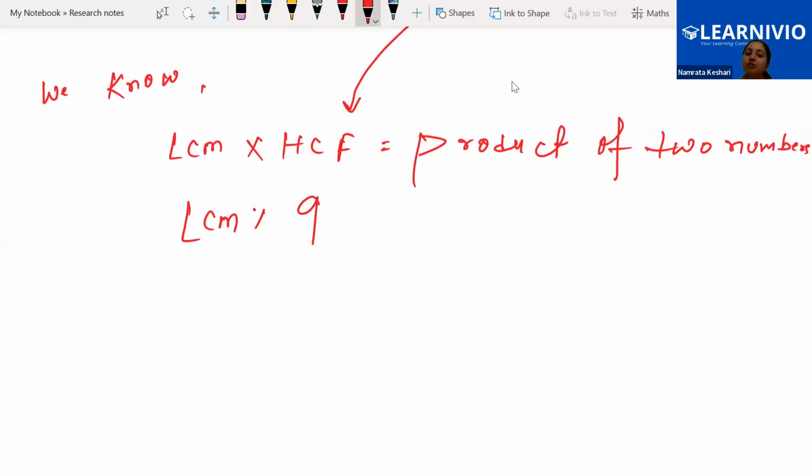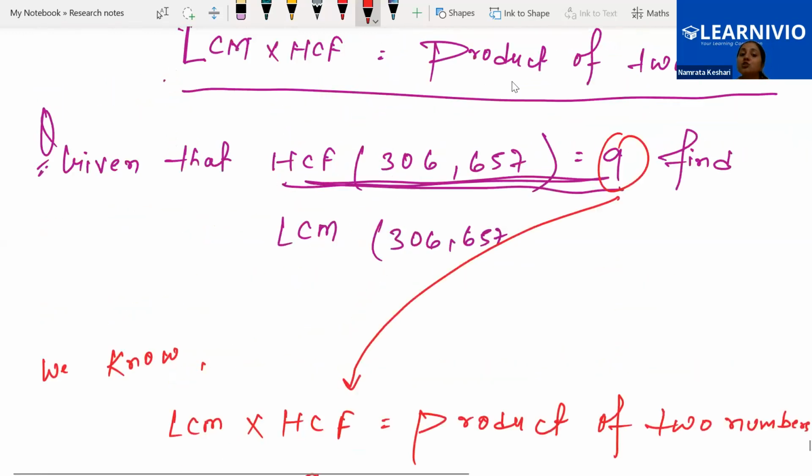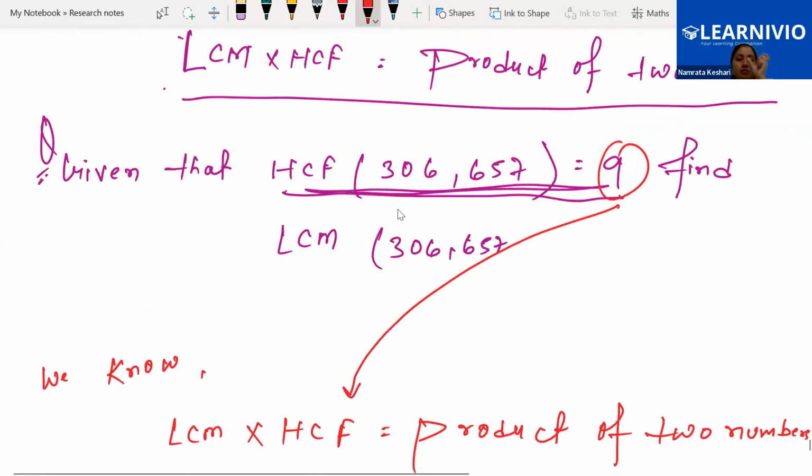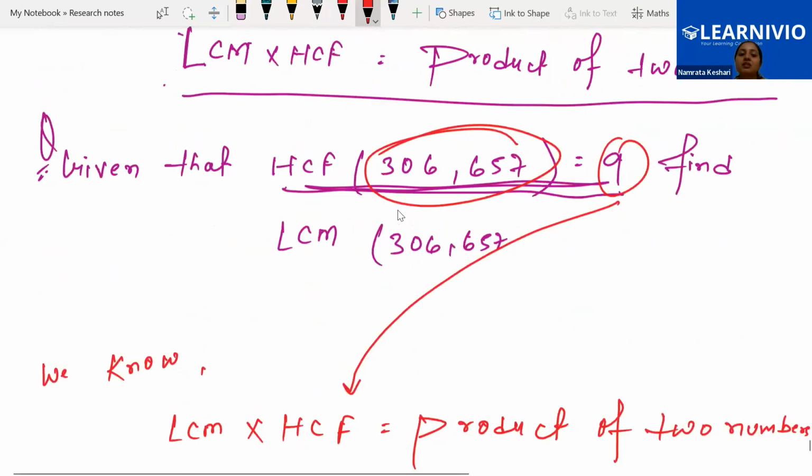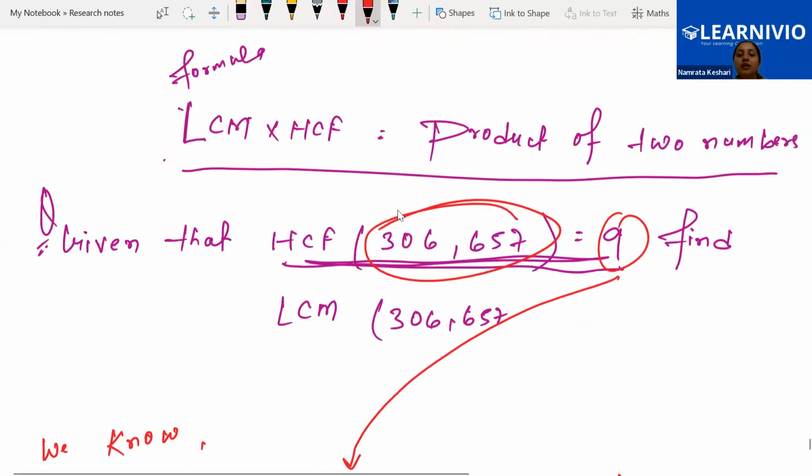LCM we have to find, and the product of two numbers is the product of the same two numbers whose LCM and HCF we are talking about, that is 306 and 657. Product means multiplication, so 306 into 657. Are you getting it? When we have this type of question, this is how we solve it.